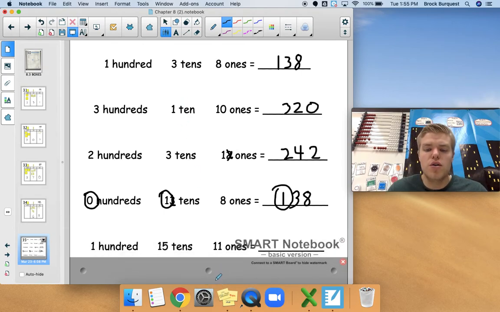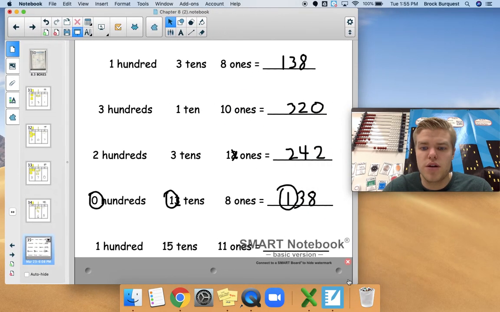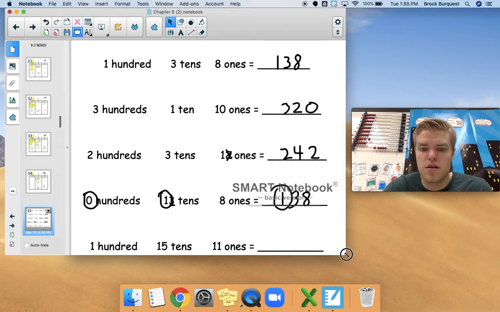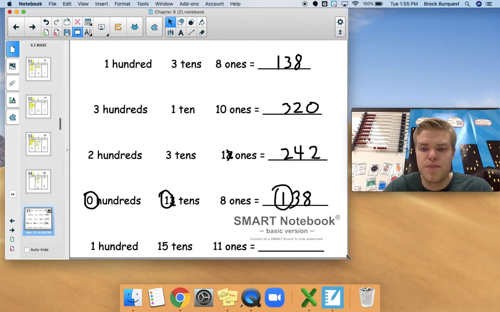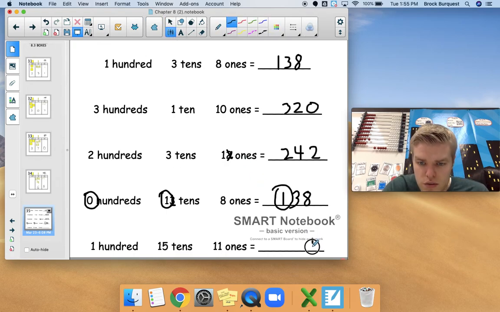Awesome. Oh, friends, let's do this so you can see a little bit better. This one's kind of a tricky one. There we go. Now, it says 11 ones. So I'm going to start right there and write my first 1. Now, friends, we're going to add our 1 from here to our 5 here.